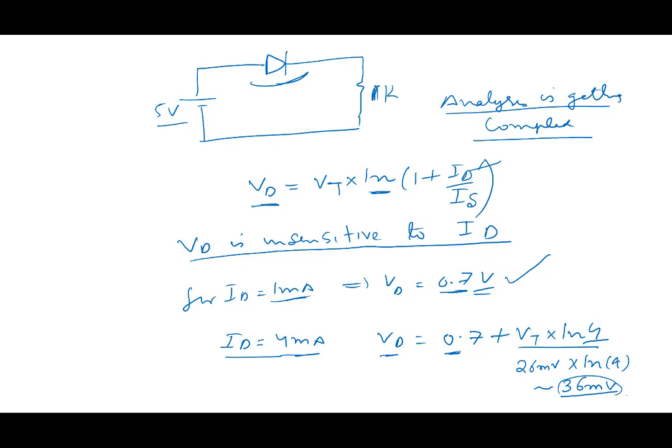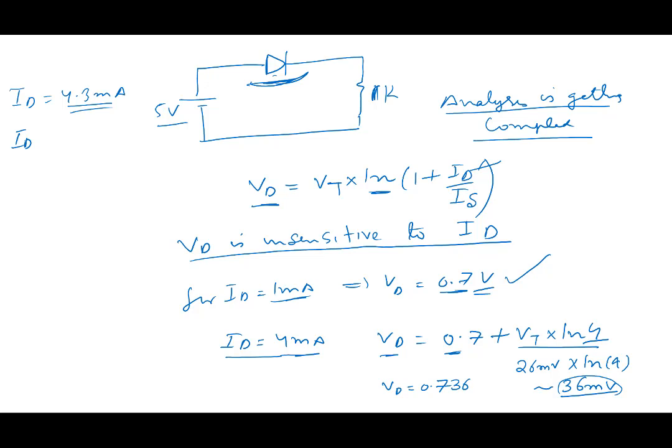For example, let's say I assume 0.7. We already know that 0.7 gives us a current of 4.3 milliamperes. But for 4 to 4.3 milliamperes, VD should be 0.736. So recalculate the current.